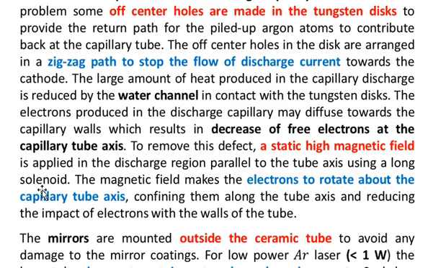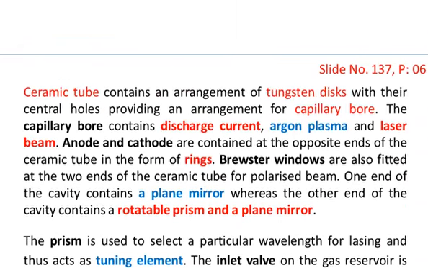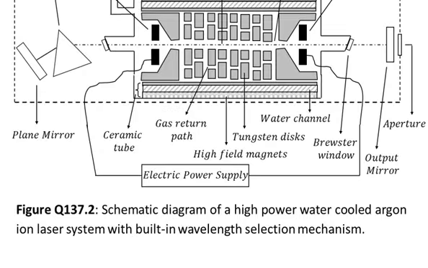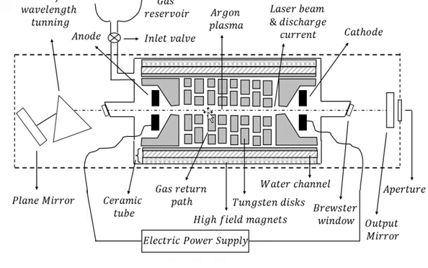Using a long solenoid, the magnetic field makes the electrons rotate about the capillary tube axis, confining them along the tube axis and reducing the impact of the electrons with the walls of the tube. That is, with the walls of the capillary tube. So the electrons which interact with the walls of the capillary tube while they exist in this capillary bore, when they hit the walls of the tube, they may lose their energies.